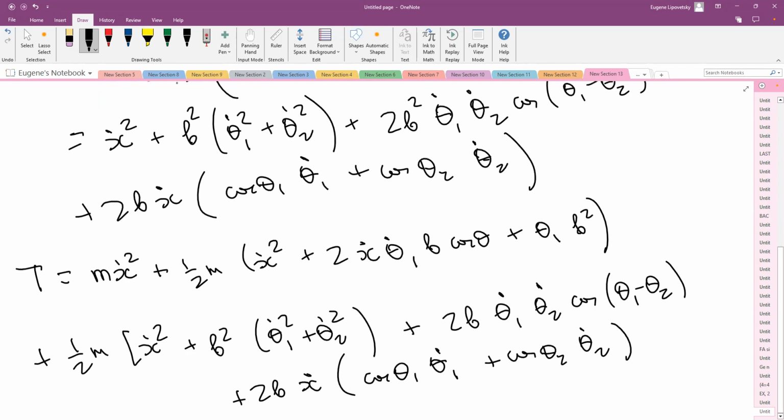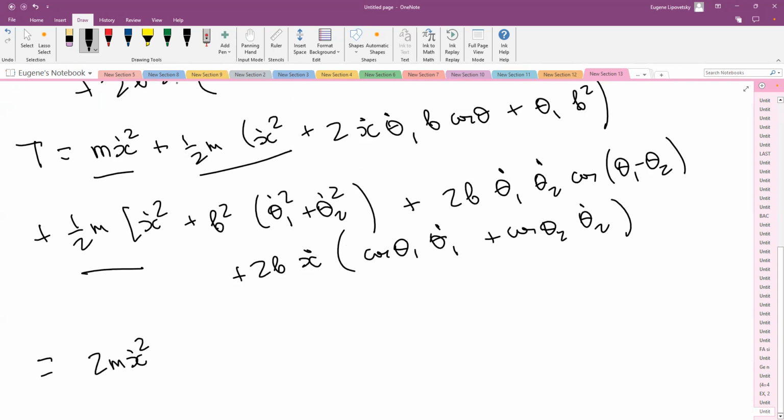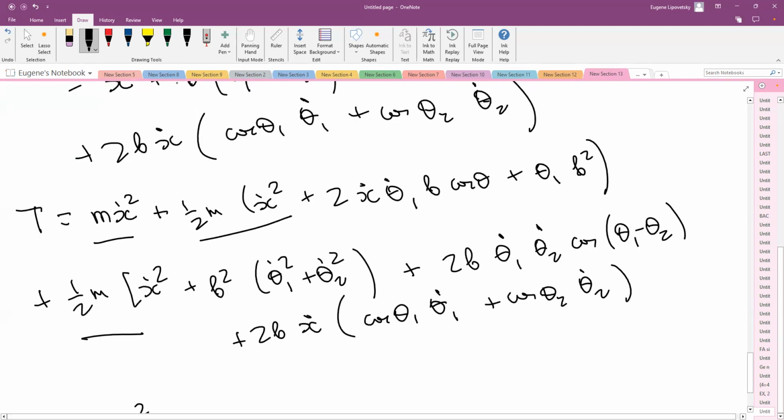And now let's try to combine these pieces. We'll have this one and this one and this one. And that's going to be 2m x dot squared. All right. Now, okay, I missed this.